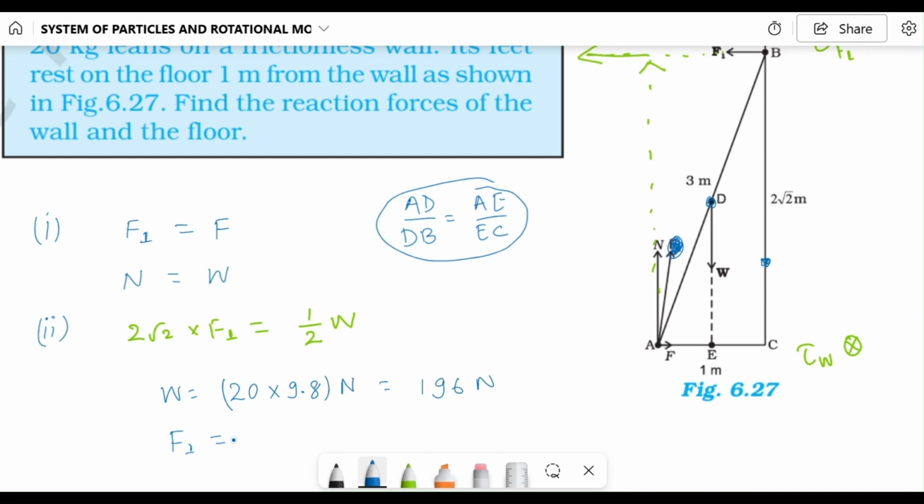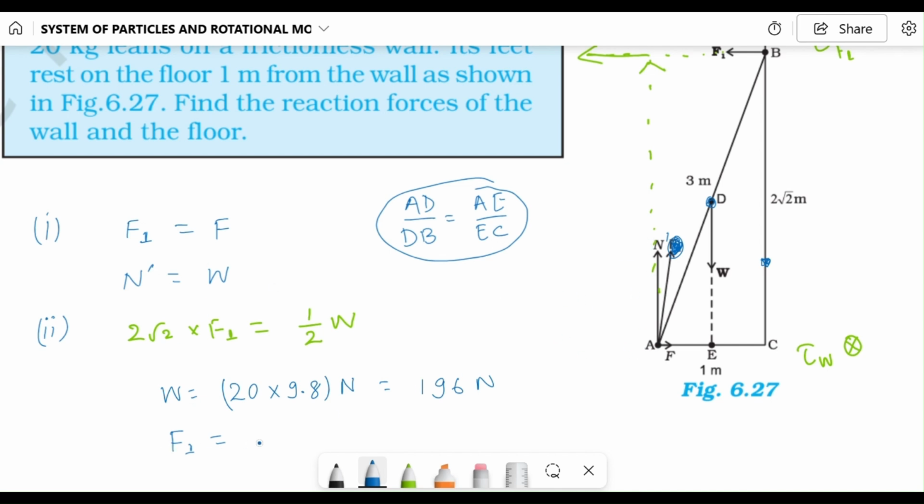So F1 will be... Look, this N is the normal force. This N here we are using as Newton, which is the SI unit of force, so not to be confused, let me write it N prime here. This is N prime. So this N prime is the normal reaction due to the floor on the ladder.